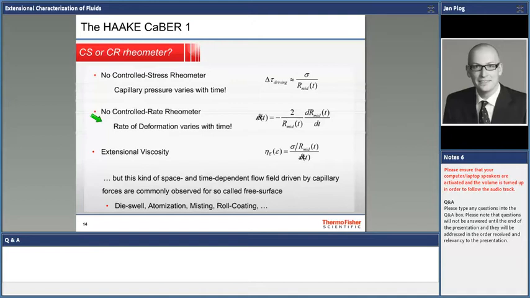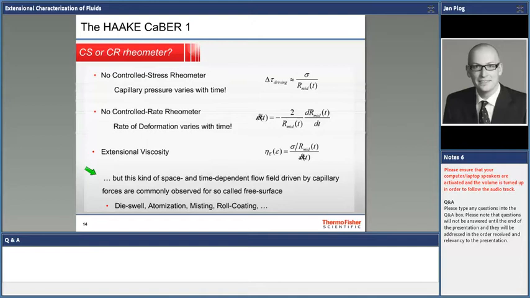And as the diameter is decreasing with time in the capillary breakup experiment, also the capillary pressure and the rate of deformation will vary with time. So you can say more or less that the sample itself chooses under which conditions it's being measured. Okay.